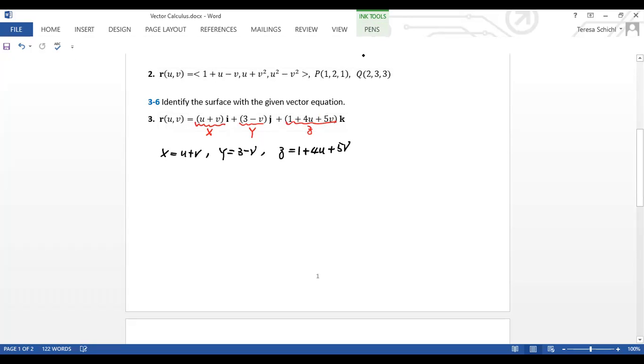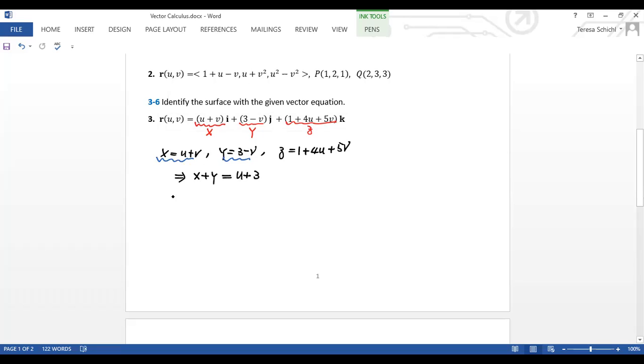Okay, so now let's take a look at these two, X and Y here. If I combine them, X plus Y, because v and negative v will cancel, I have u plus 3, correct?